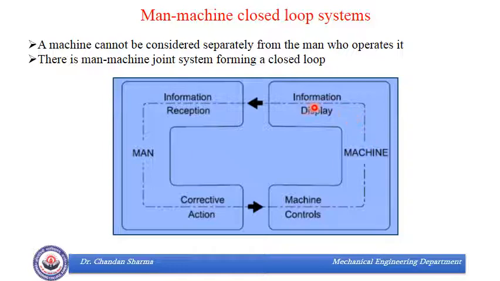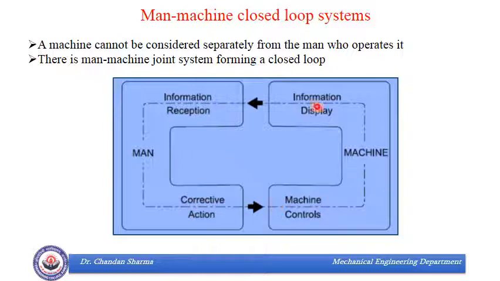The displays are being received by the operator who is operating the machine, and depending on those displays, he will take some corrective actions, and machine controls will rectify what is being given by the operator.